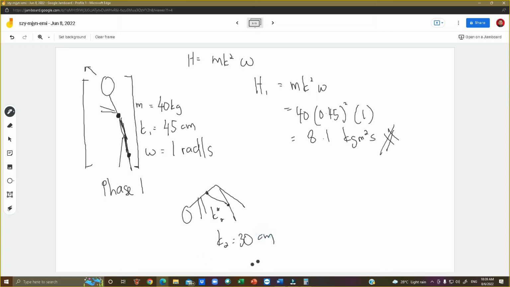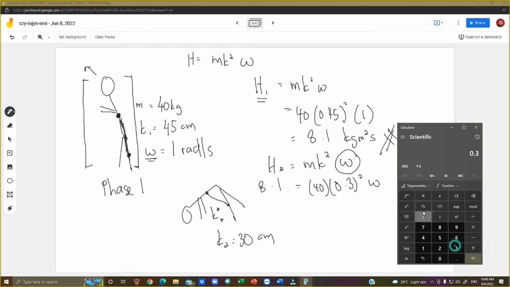Now let's calculate omega dia, since angular momentum dia tak berubah. So we have H2 equals mk squared omega. Now the change is only going to happen at the omega. Okay, where we have 8.1, 40, 0.3 squared omega.